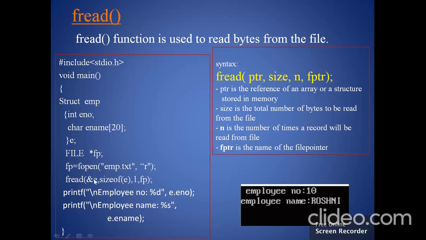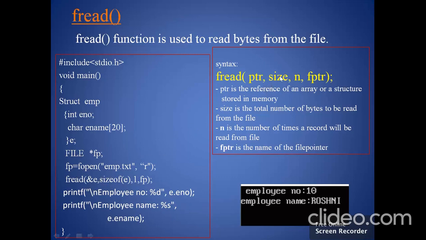Then after that, with the help of the fread function, we will read the data present in the emp file. So the fread function will be like this: fread. Inside the bracket we'll have &e. This &e will give us the address of this structure.